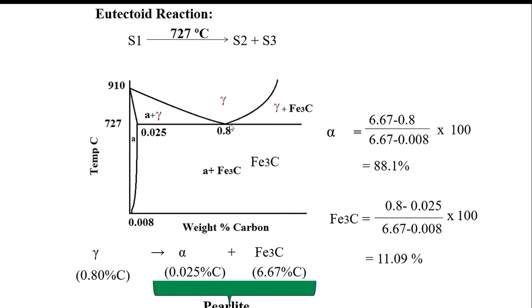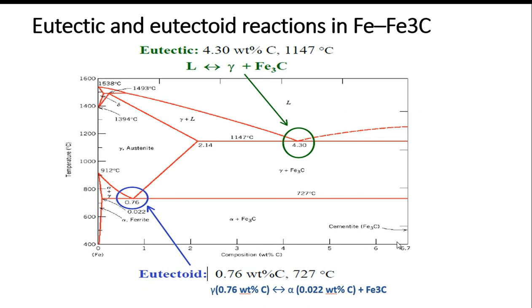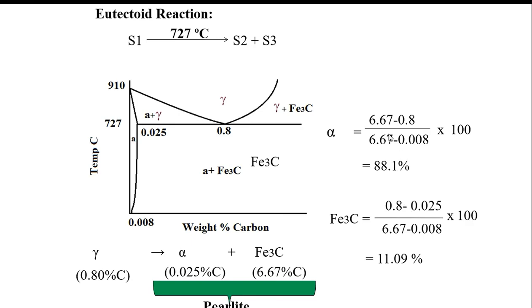This is the eutectoid reaction. Here this is 6.7, up to that level you can go. So within these two, eutectoid means solid 1 forms solid 2 plus solid 3. Then austenite forms into pearlite.